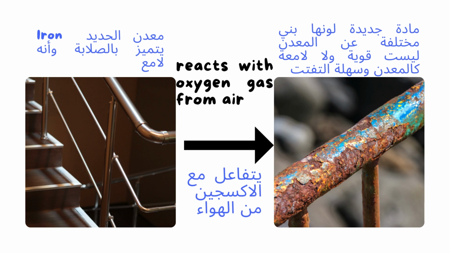Yes, we will see that the iron changes in its shape and becomes another substance which has a reddish brown color, as you see in the picture. This material is different from the iron. It isn't shiny like the iron, and it is not very hard like the iron. So it is another substance, and here a chemical reaction happens.